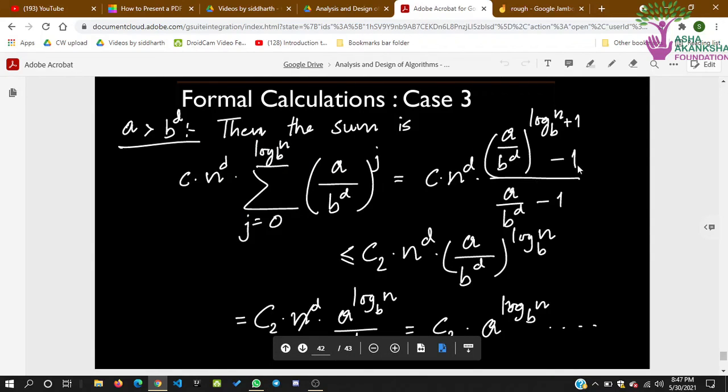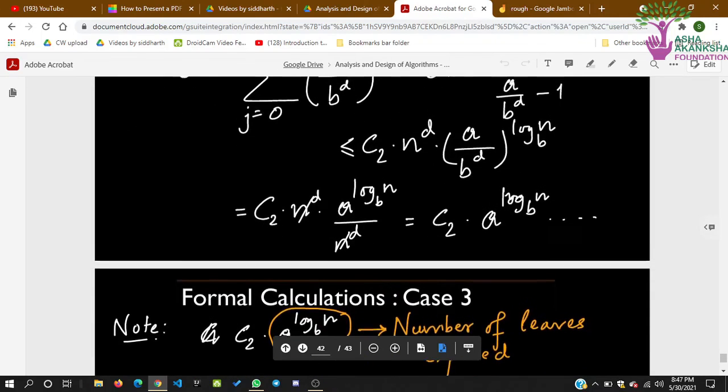And for the next step, we can just see this denominator is a constant, so we just accommodate it into C2. Now we can just simply say that this numerator is always less than or equal to this thing. This is an intuitive thing. So this is written as this.